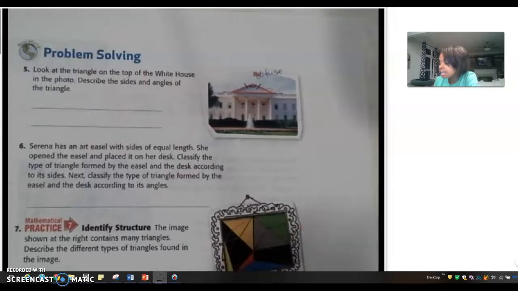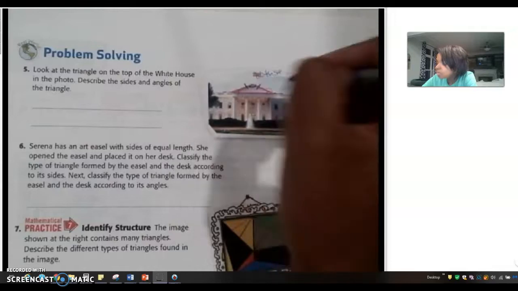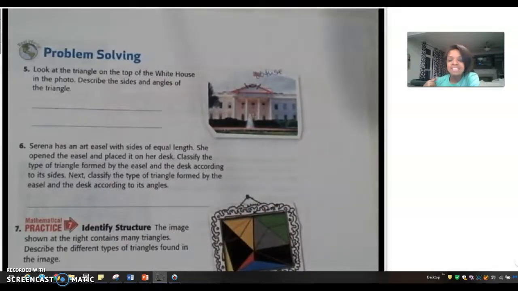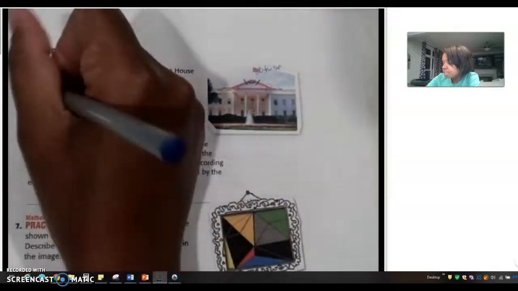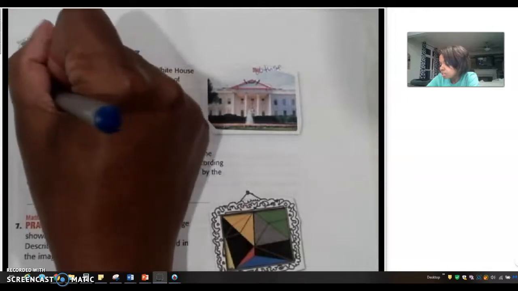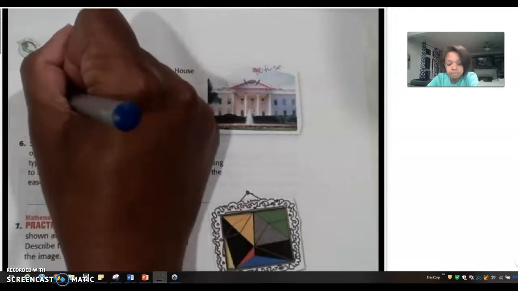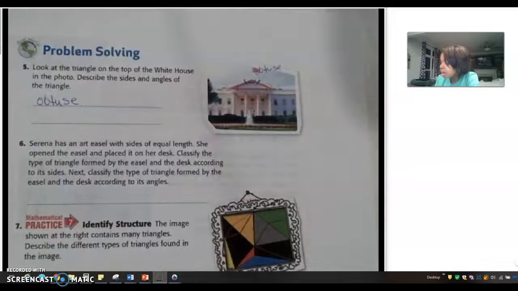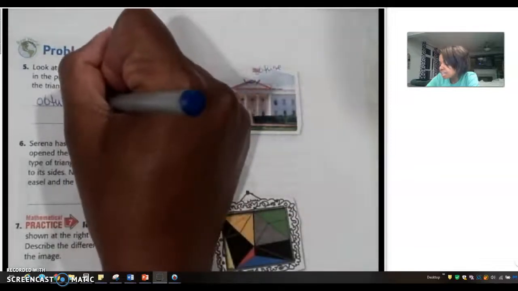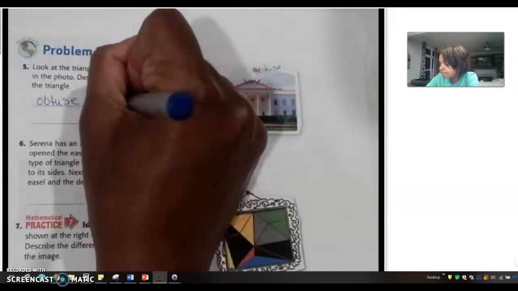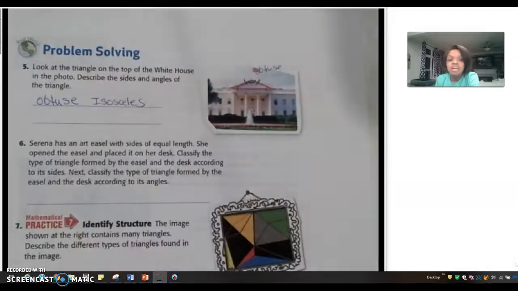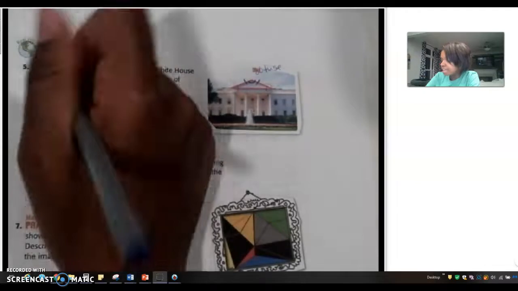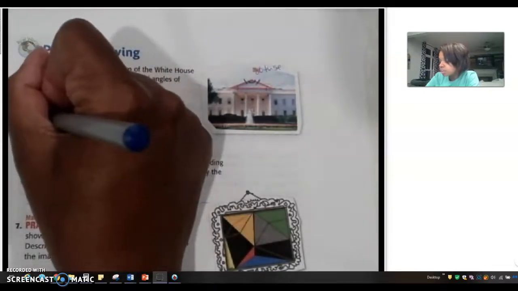I could say that it has 2 acute angles. So if I were to classify this shape, I would say that it is obtuse. And I could also say it's isosceles. Okay, and so one of the reasons why I came to that conclusion is because it has 2 congruent sides.